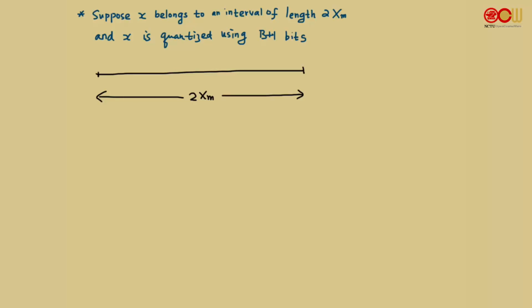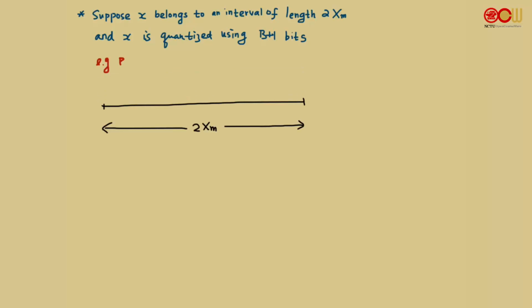The quantizer is a b plus 1 bit quantizer in the A to D. This is a more general case than the example that we showed in the previous slide of a 2-bit quantizer.